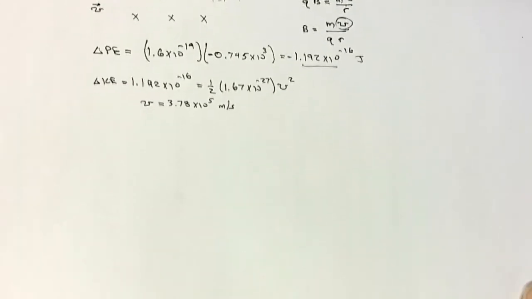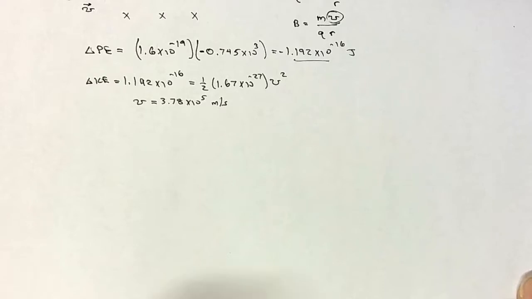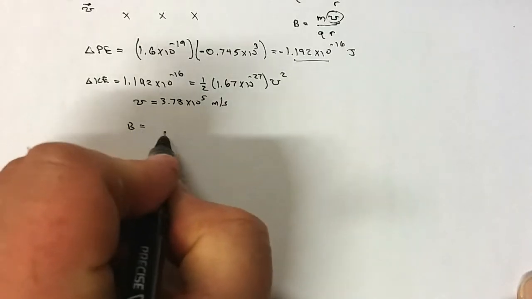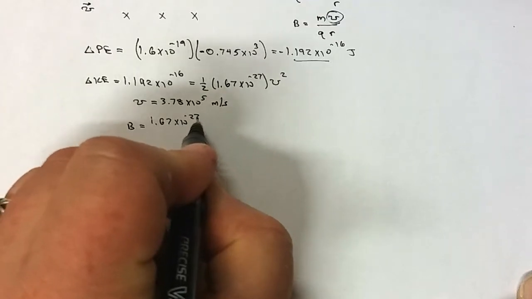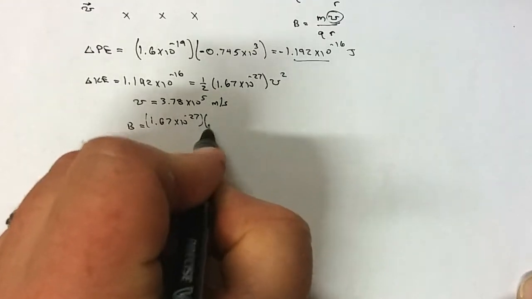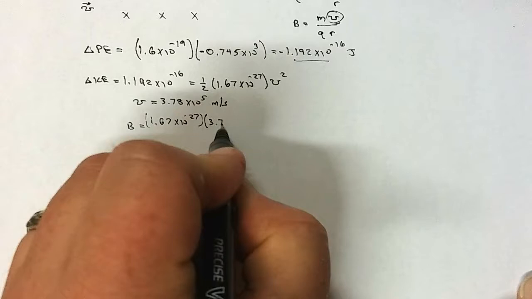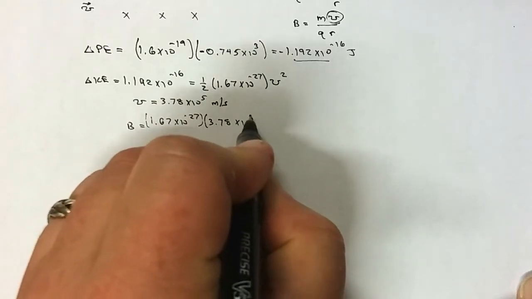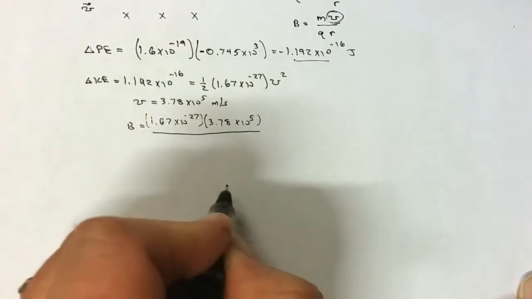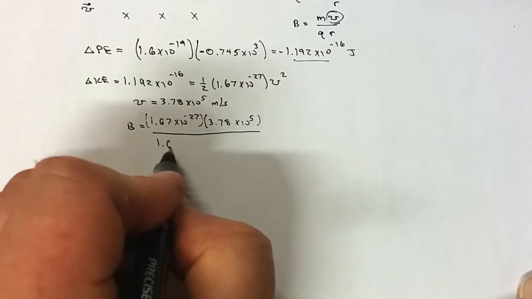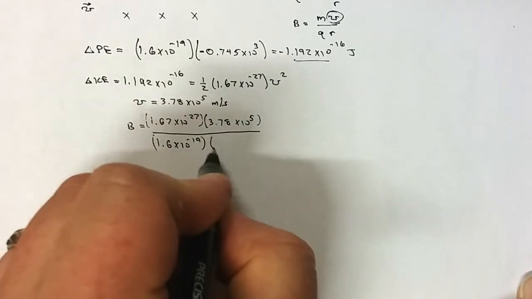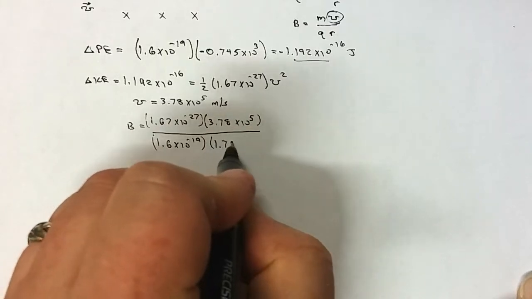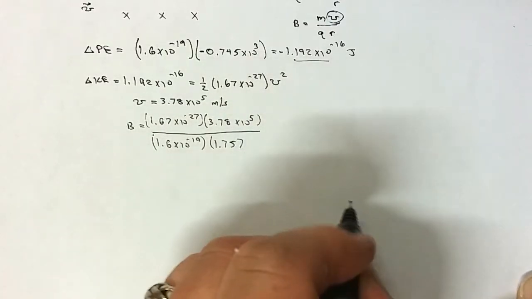Now we can use our expression for B, m, 1.67 times 10 to the minus 27th, v, which we just calculated, 3.78 times 10 to the 5th, divided by q, 1.6 times 10 to the minus 19th, times r, which we want to be 1.75 meters.